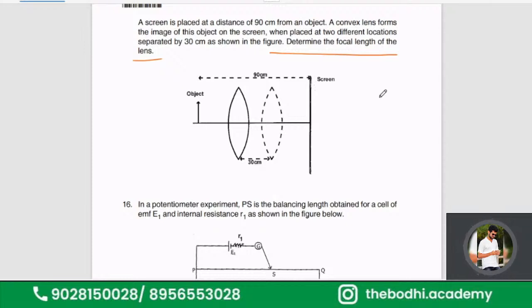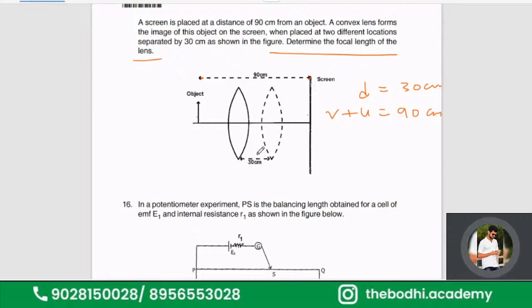So let's see what data we are given. First, write the data. The distance separated is 30 centimeters, and we are given the object distance, u, as 90 centimeters. But this 90 centimeters is the object plus the image distance. 90 is from the object to the screen, and on the screen we get the image. So we will say u plus v is equal to 90. All of you understood?